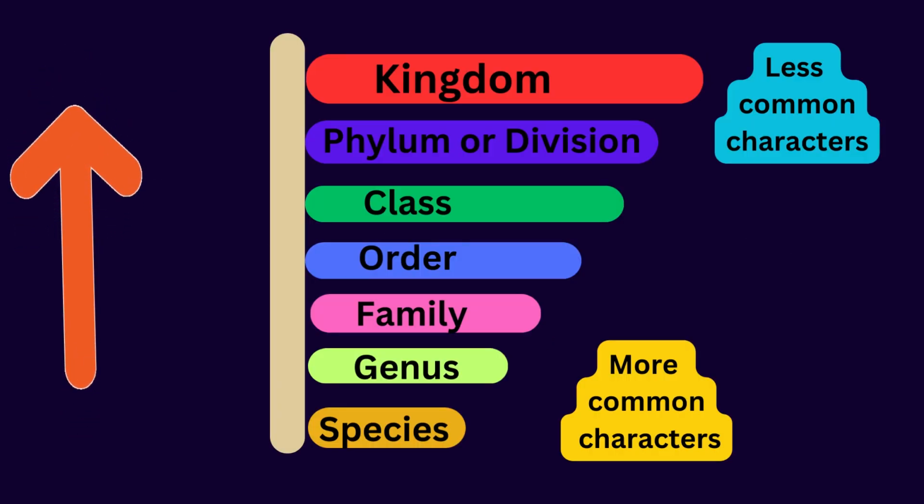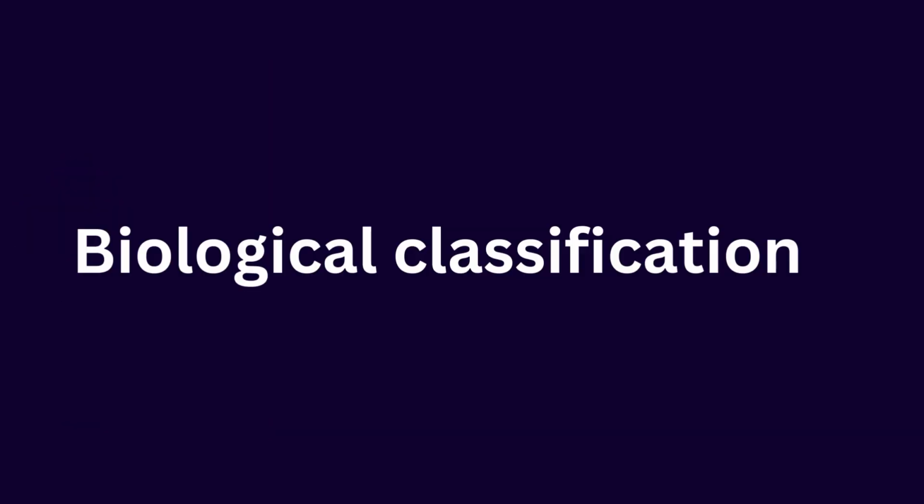As we go higher from species to kingdom, the number of common characteristics goes on decreasing. Lower the taxa, more are the characteristics that the members within the taxon share. Higher the category, greater is the difficulty of determining the relationship to other taxa at the same level. Let's see about biological classification in our next video.